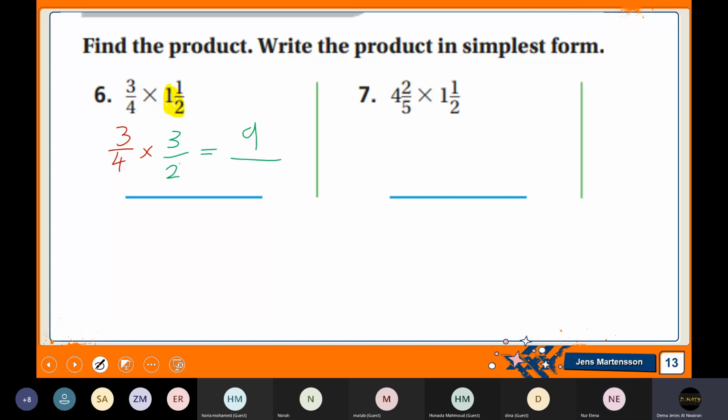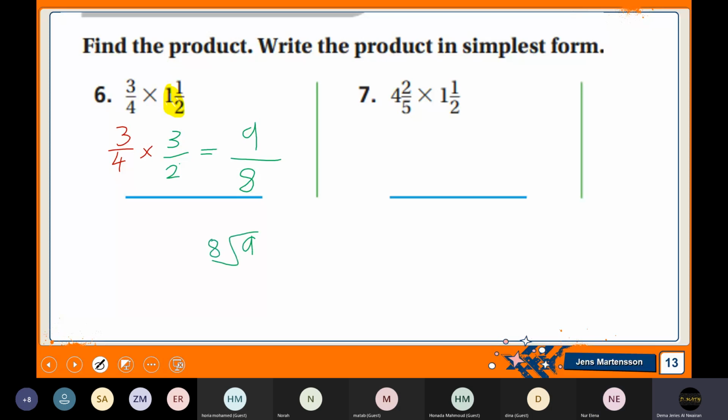8. Now, can you keep it like this, or do you need to rewrite it as a mixed number? Is the numerator less than or greater than the denominator? Greater. So we need to rewrite it. How to rewrite it as a mixed number? We will divide 9 divided by 8.